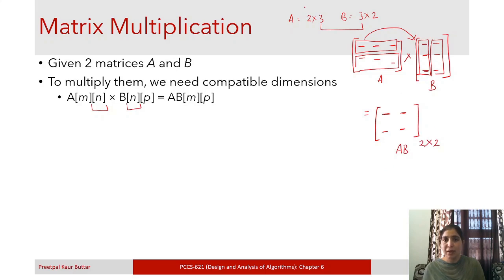Okay, so m n, n p, the resultant matrix has dimensions m cross p, that is 2 cross 2, right?